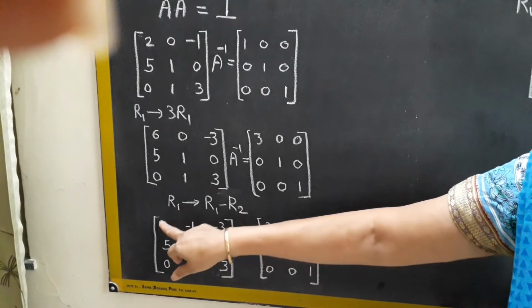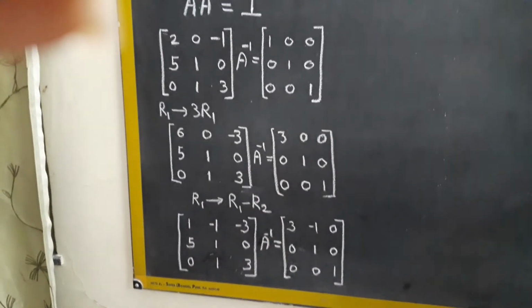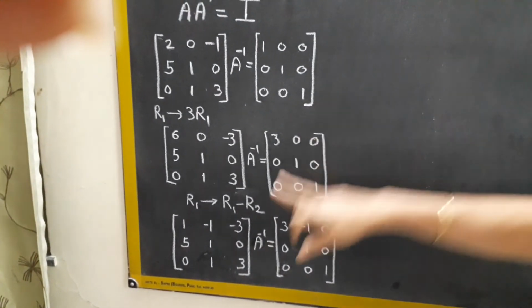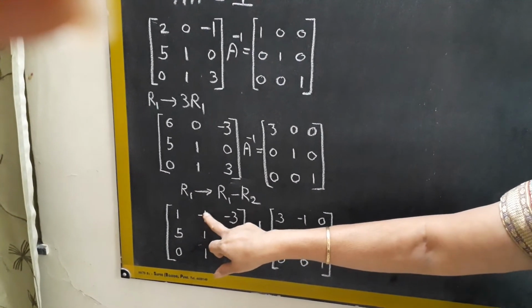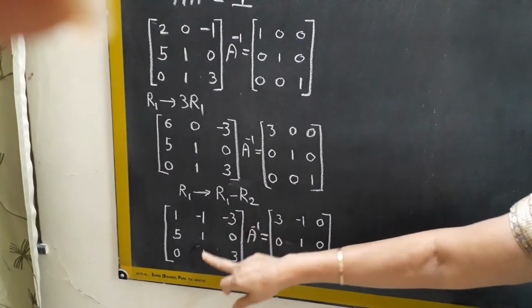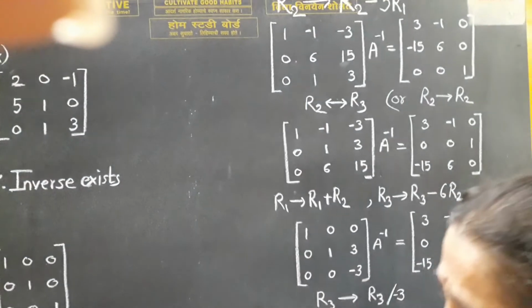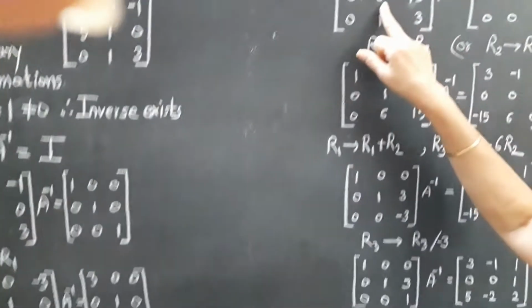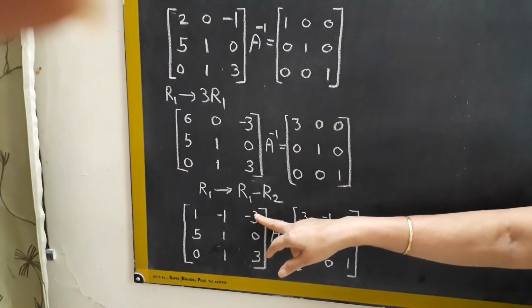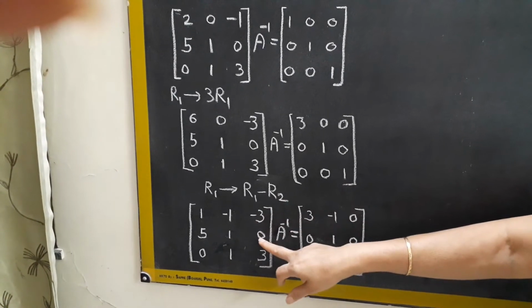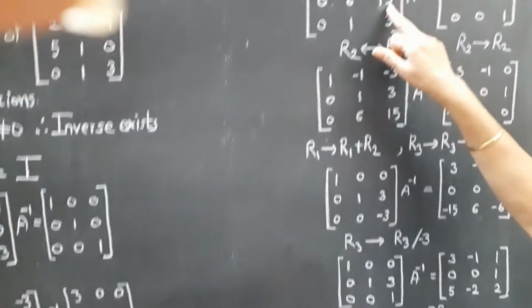Okay, so here we will get that R2 changes to R2 minus 5 times R1. So 5 minus 5 times 1 is 0. Then 1 minus of minus 5, minus 1 becomes plus 5, so plus 5 plus 1 gives 6. In the same manner, 0 minus 3 into minus 5 is plus 15, so 0 plus 15 is 15.